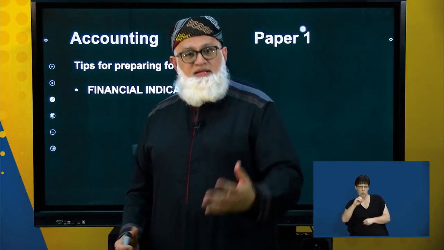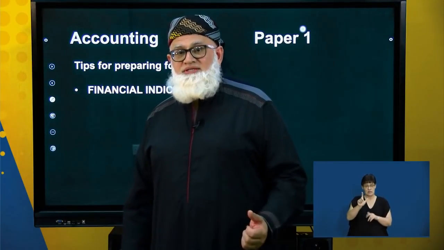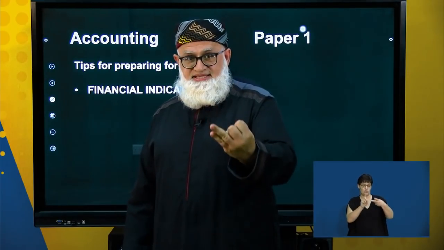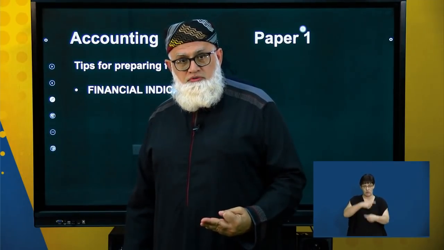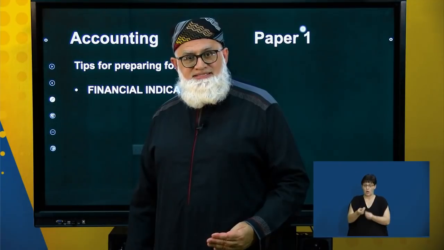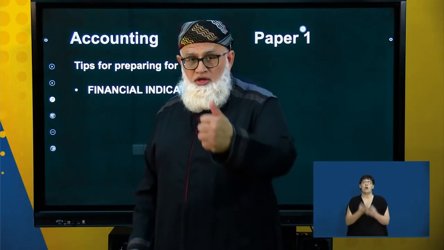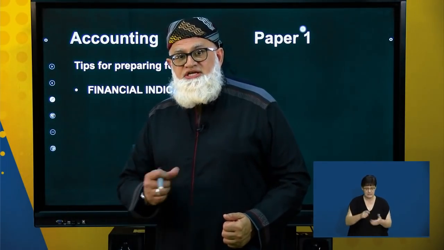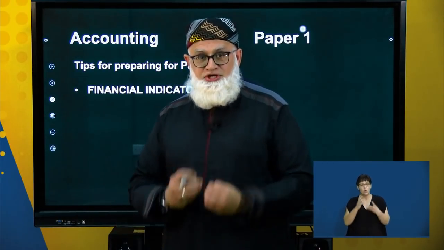For example, let's go through them. We have 6 liquidity ratios. What are they? It's your current ratio, your asset test ratio, your turnover rate of stock, the period for which enough stock is on hand, right? In other words, your stock holding period. Then you have your average debtors collection period, and then you have your average creditors payment period. So those are your liquidity ratios.